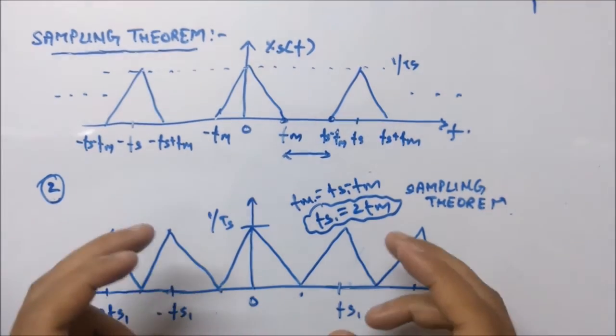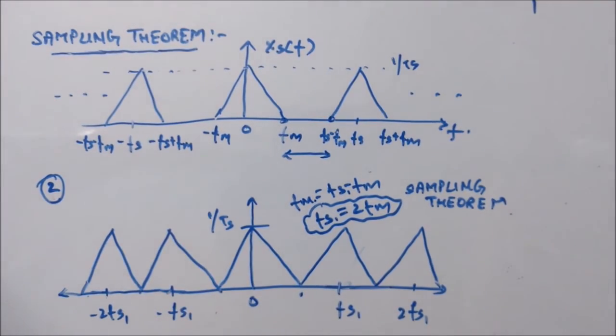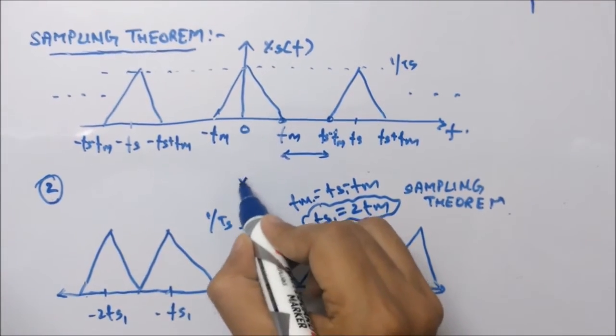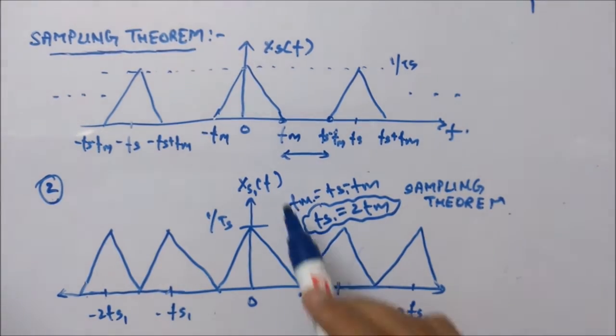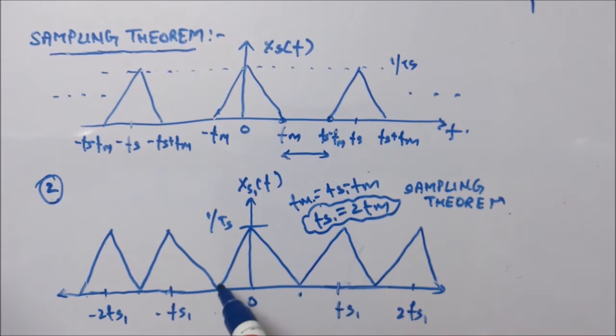In this case also, if you pass this new Xs(f) through the filter, it will extract out this part, because this is minus fM and this is plus fM.